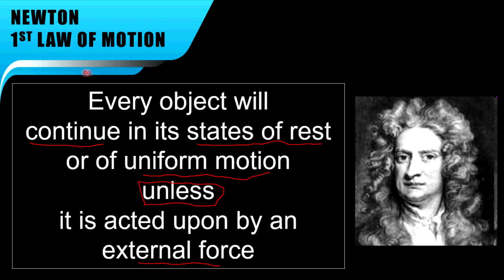It says that every object will continue in its state of rest or of uniform motion unless acted upon by an external force, which means your book on the table will not move unless you push the book. A moving car will continue its motion unless the driver steps on the brake pedal.